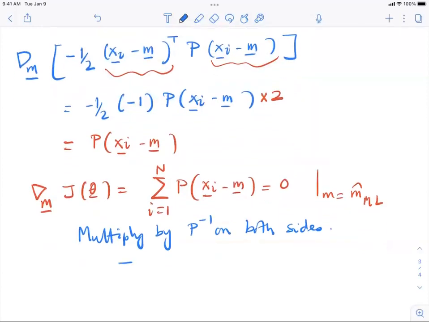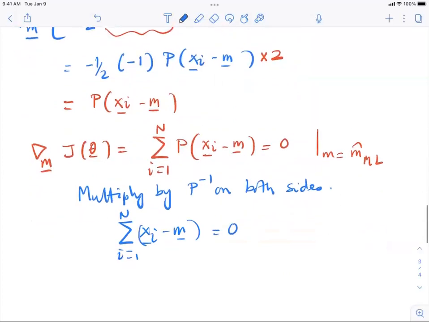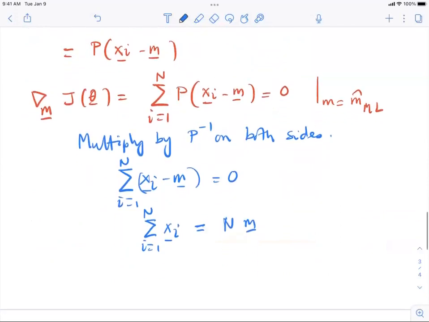So basically I get summation i equals 1 to n of xi minus m is equal to 0, which means that summation i equals 1 to n of xi is equal to n times m, which gives me what I had before, that m hat ML is just the empirical mean of the data vectors, right?